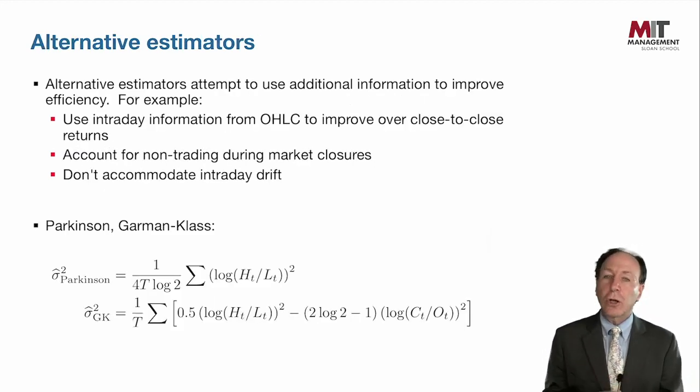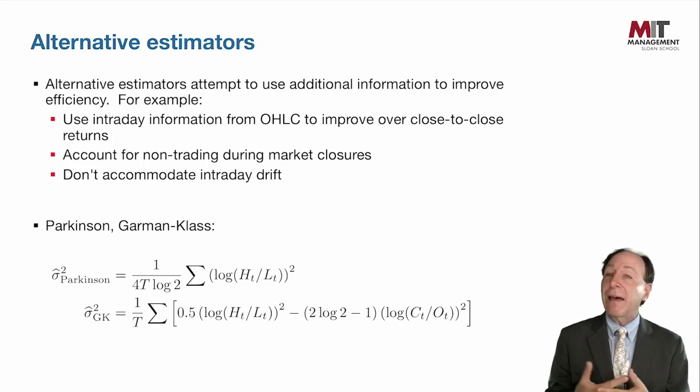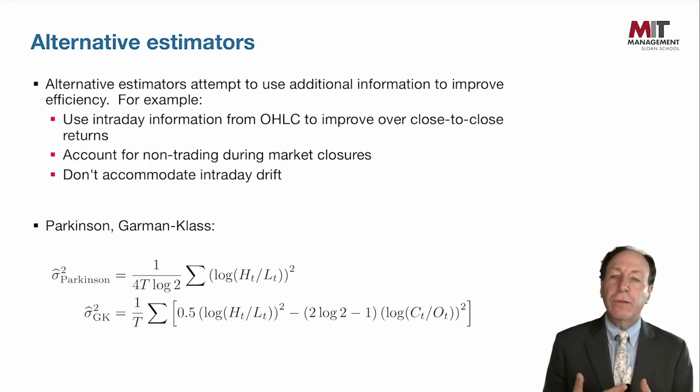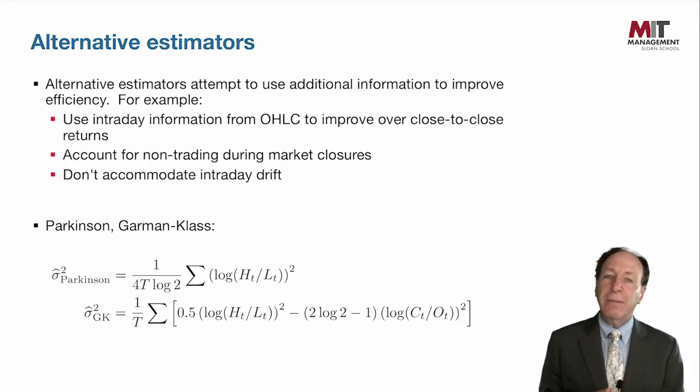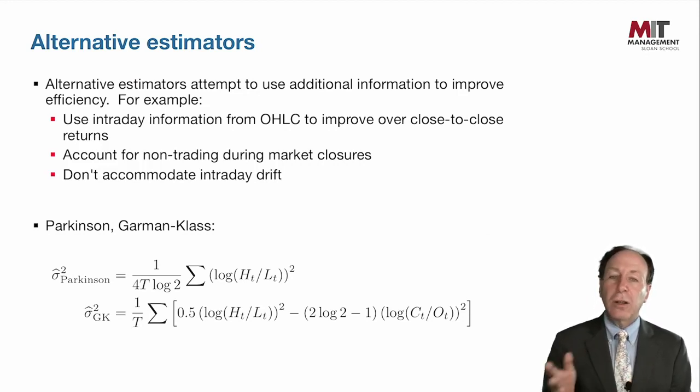There are in the literature lots of alternative estimators that have different benefits. They have improved efficiency, and they take into account some things that we might not see simply from looking at close-to-close returns.